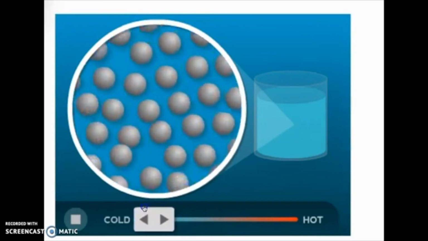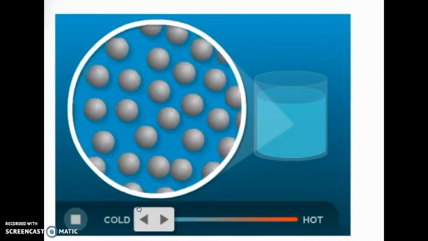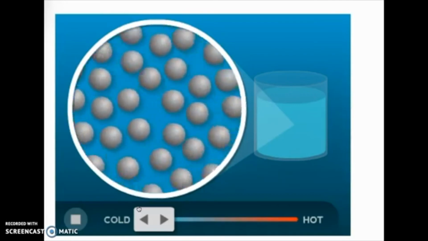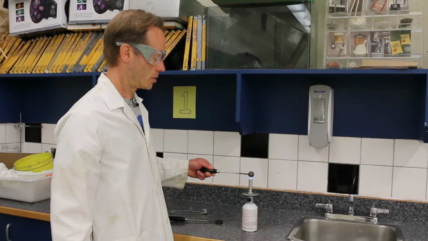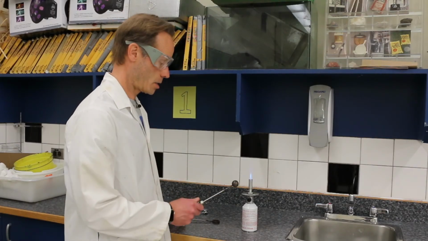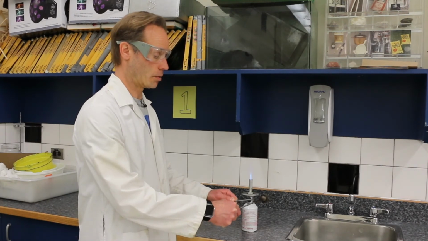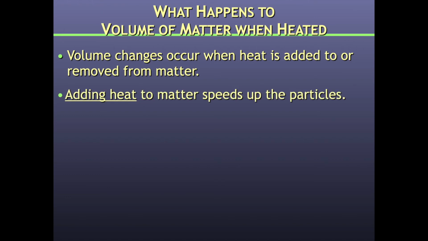So that's what's actually happening to the particles to increase the volume when it gets hot and then decrease the volume when it gets cold. So volume changes occur when heat is added to or removed from matter. And we saw that happening in the lab that we did last time where you heated up the ball and tried to put it through the ring. And hopefully you saw that the ball didn't fit through because it expanded. So let's take a look at that.